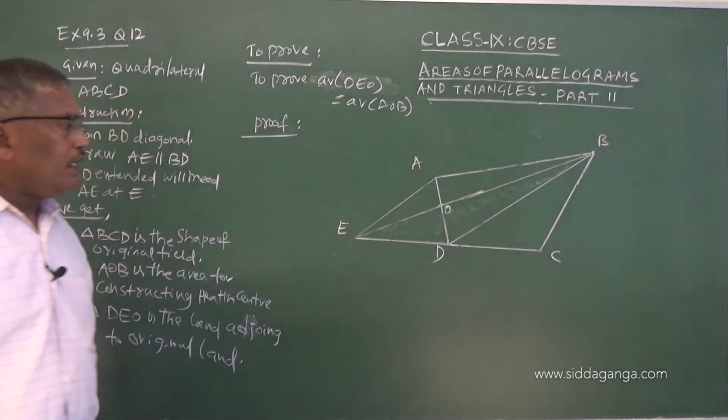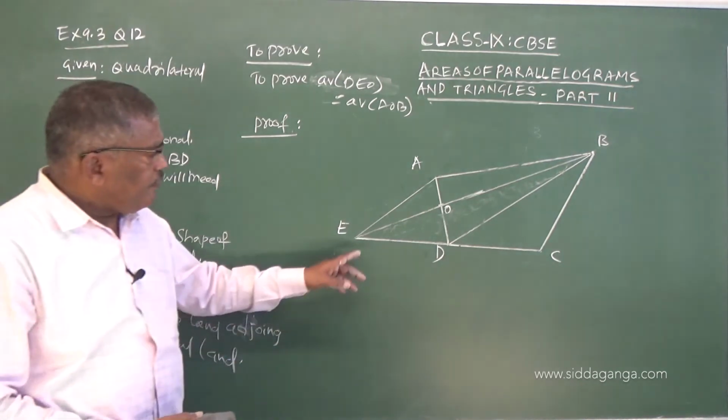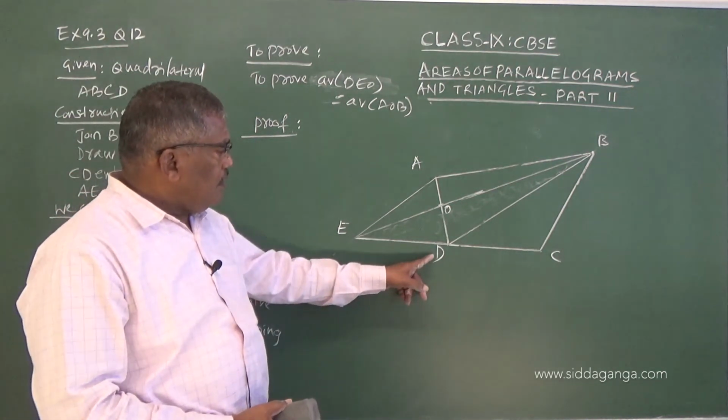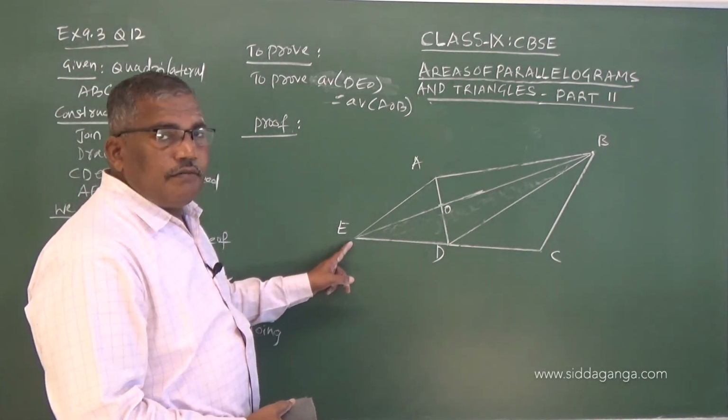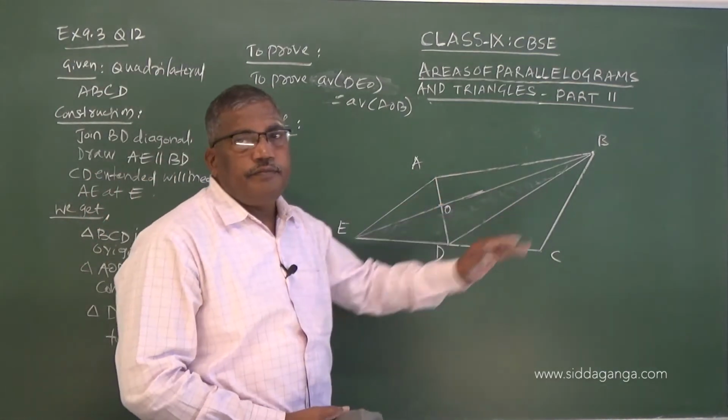See these two triangles, DEB and DAB, they are on the same base DE, and between AE and BD.